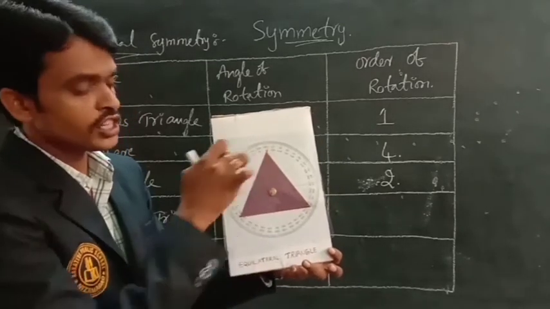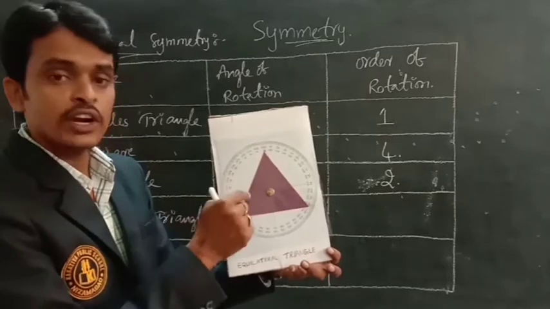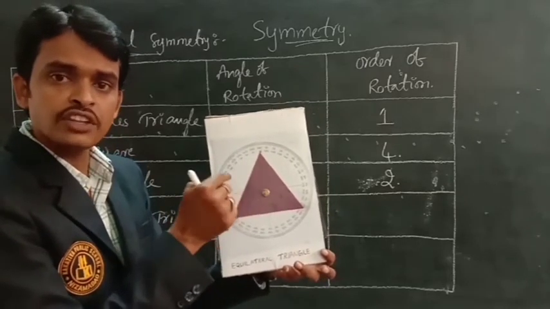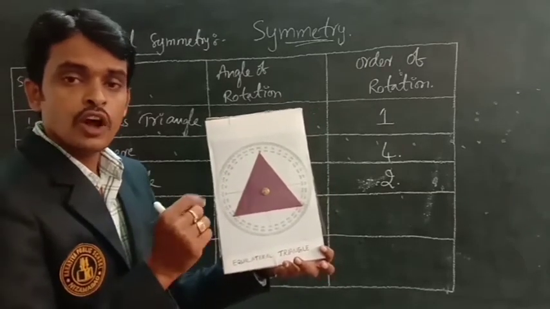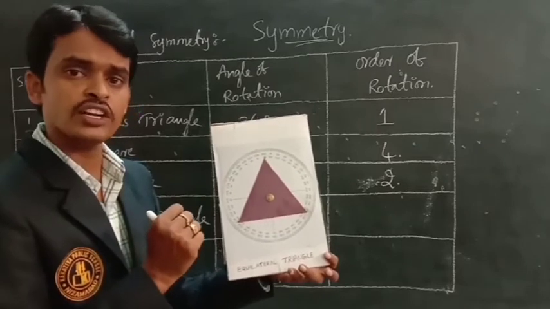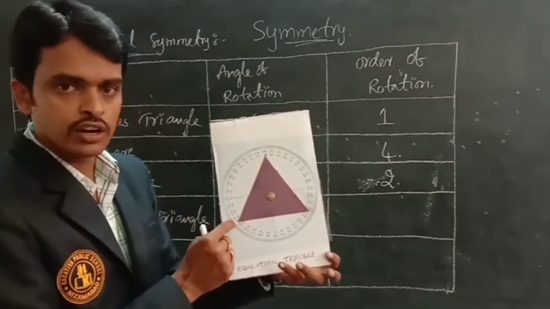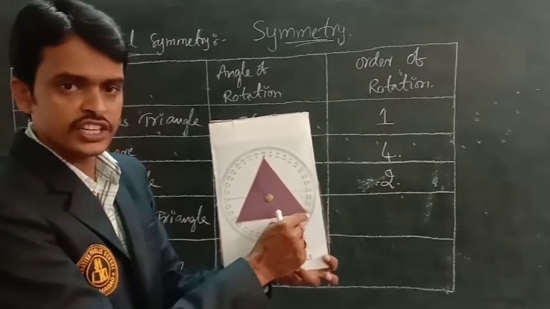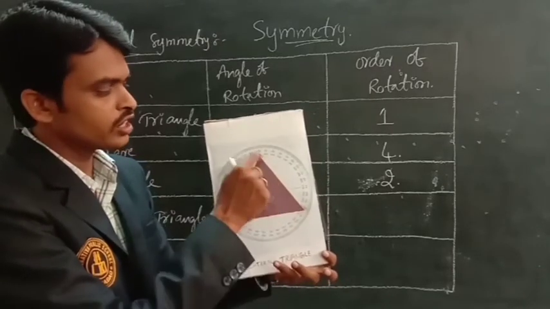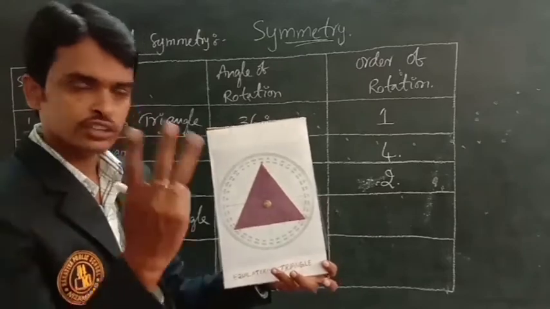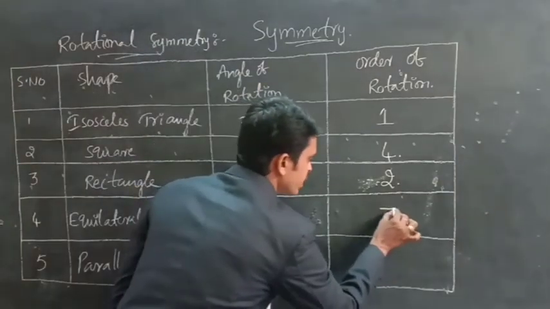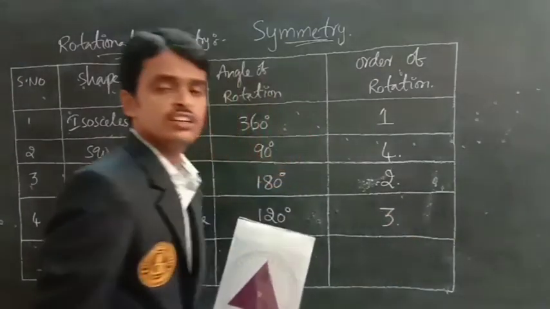Yes, at 360 degrees also the equilateral triangle coincides with itself. So here how many orders of rotation does the equilateral triangle have? 3. At 120 degrees order of rotation 1. At 240 degrees order of rotation 2, and at 360 degrees order of rotation 3. So the equilateral triangle has an order of rotation 3.